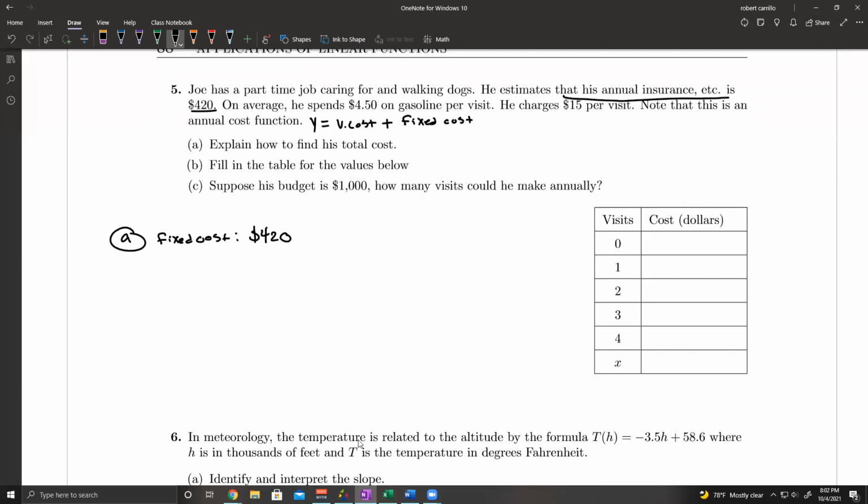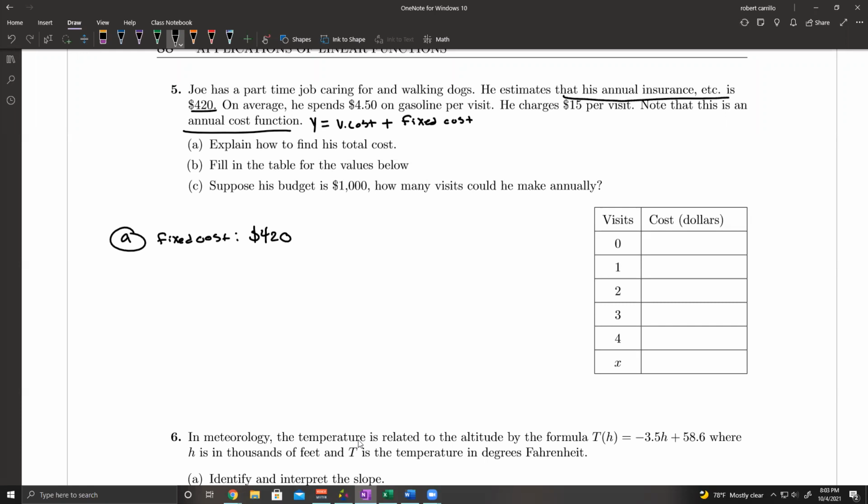Okay. And then it says, on average, if he's going to go walk dogs, he spends $4.50 on gasoline per visit, and then he charges $15 per visit. Now, we only want to represent this as a cost function. So is the $4.50 the one that cost us, or is it the $15 that cost us? The $4.50.